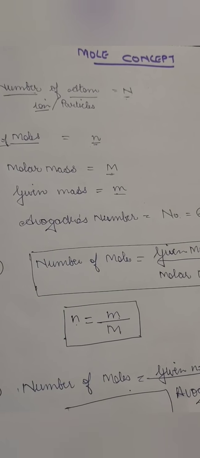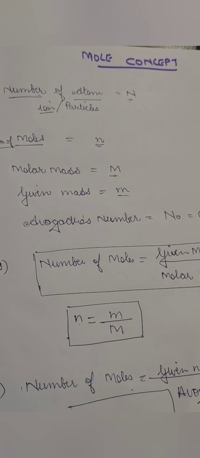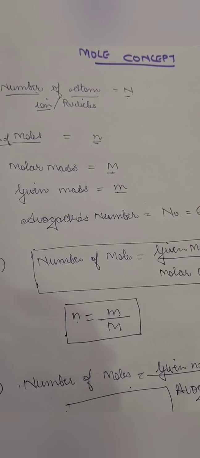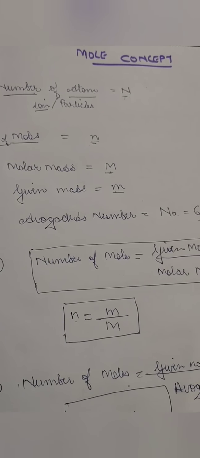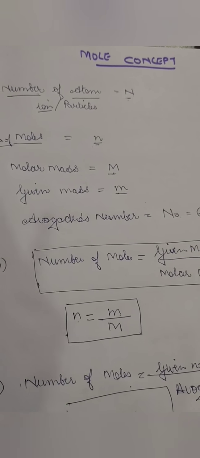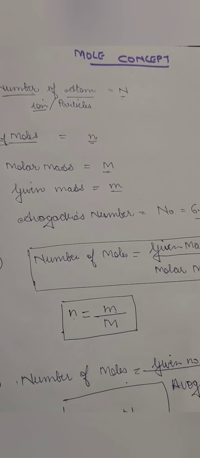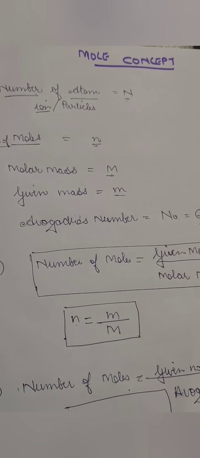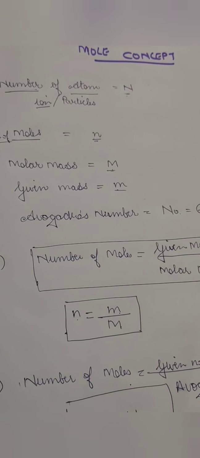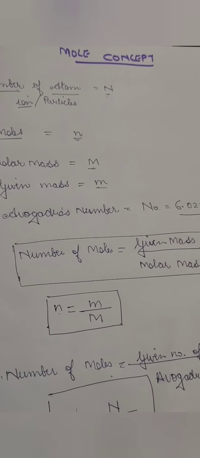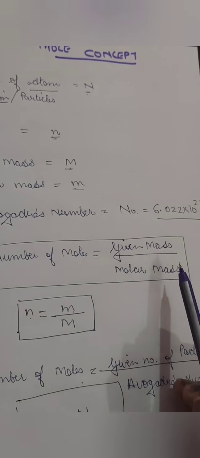Instead, we find the mass of that thing, and from the mass we come to know the number of atoms, because that is fixed. It has a fixed value, which is called Avogadro's number, a constant, which is 6.022 times 10 to the power 23.